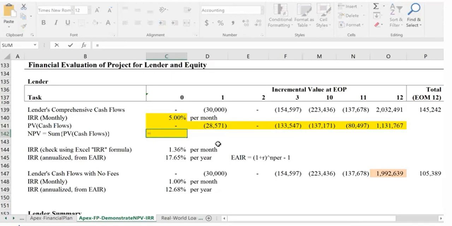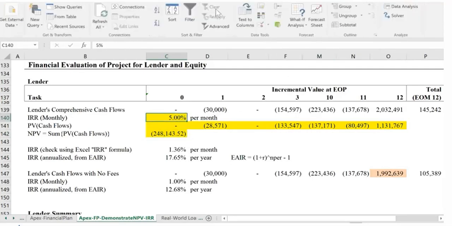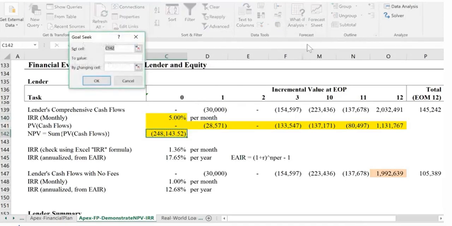So I just want to sum these up now. Okay, clearly I have something that is not equal to 0 here. So I'm going to go back to what we always do. I'm going to go to data, and put myself in the cell I want to be 0. I'm going to go to what-if analysis, goal seek.